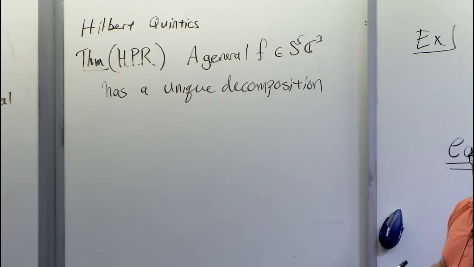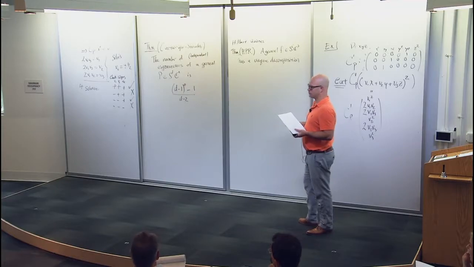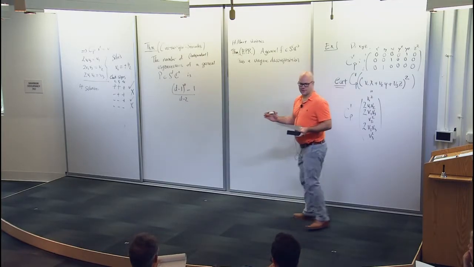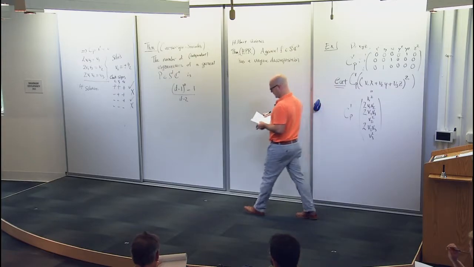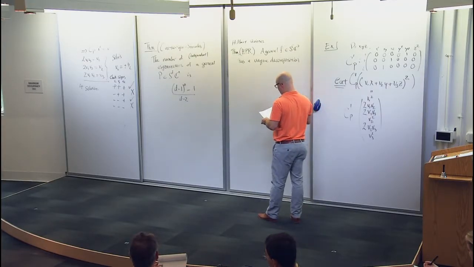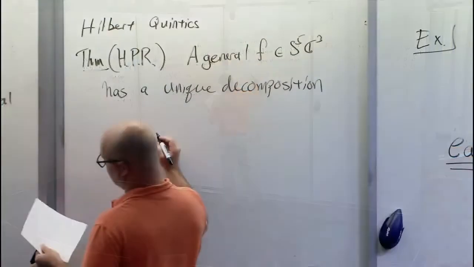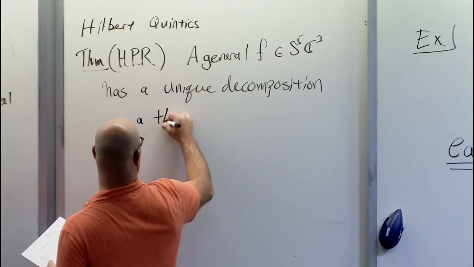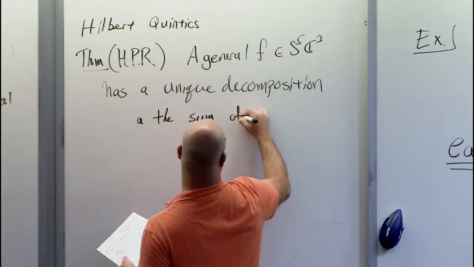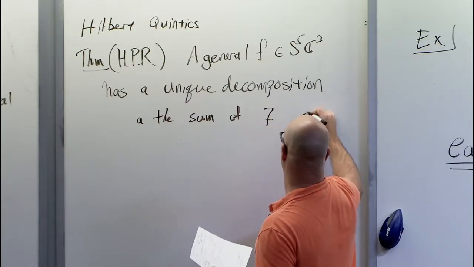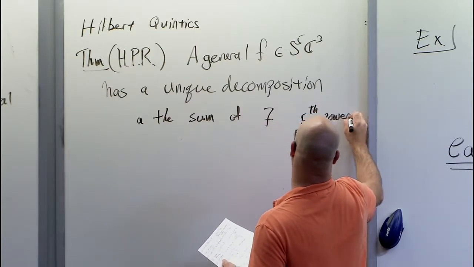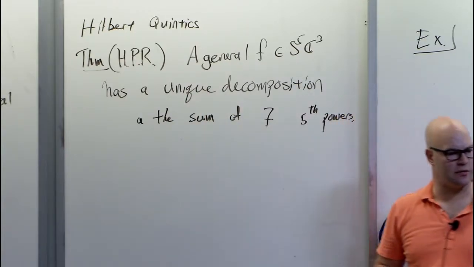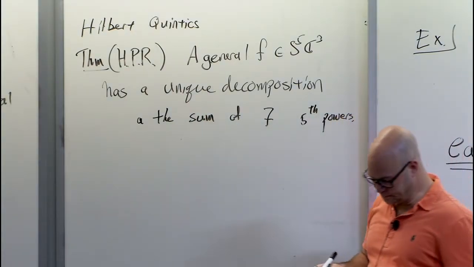You get 7. So there are 4 eigenvectors for eigenvalue 1 and 3 with eigenvalue 0. Oh, seven, okay. Thanks. In the next example, we will get the full 7. Okay, thank you. A general plane quintic has a unique decomposition as the sum of 7 fifth powers. And unique means up to the obvious rescaling and reordering.